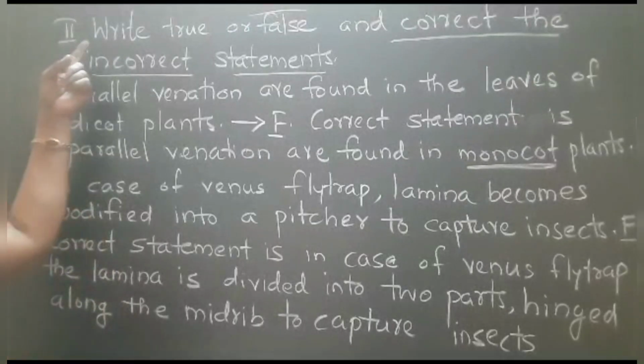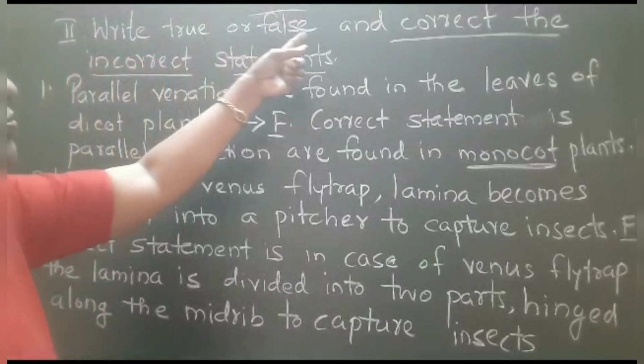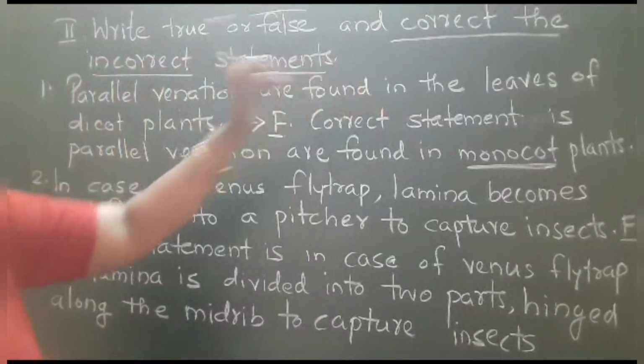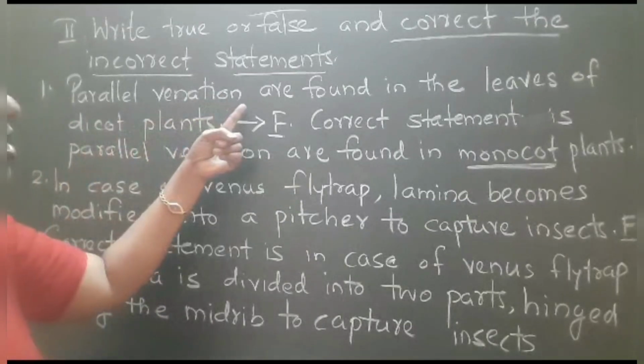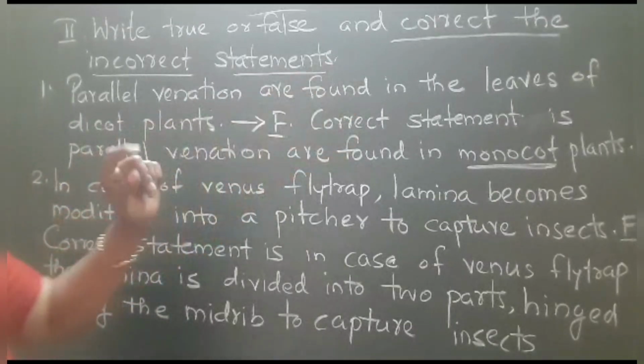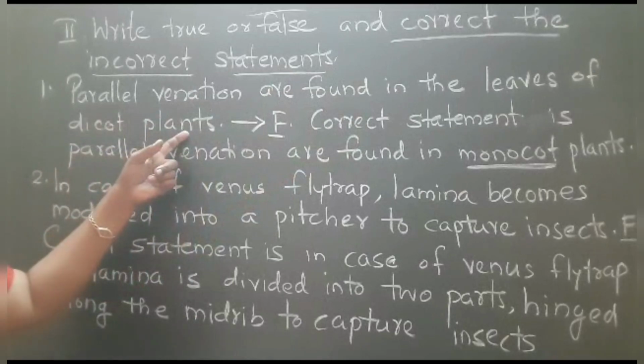The second question is write true or false and correct the incorrect statements. If it is false, we have to correct the false statement. Okay. So, number 1. Parallel venation are found in the leaves of dicot plants.